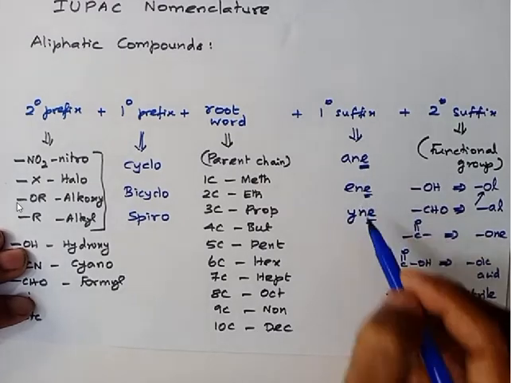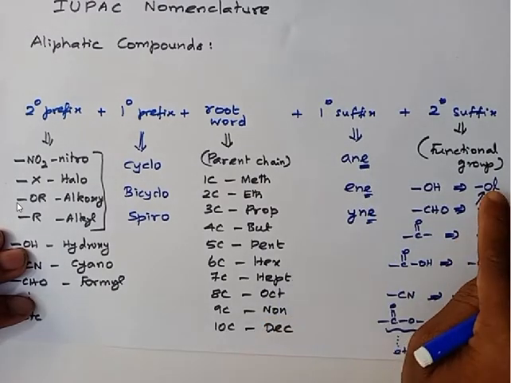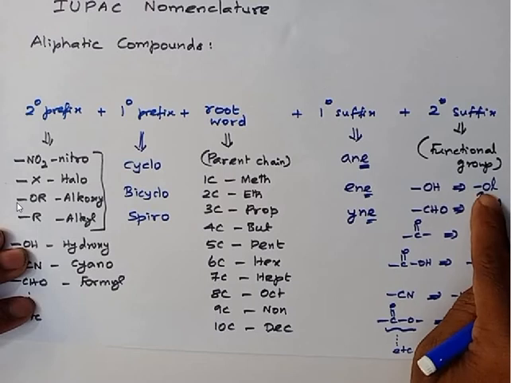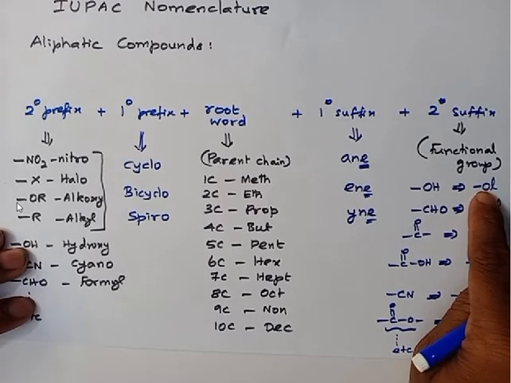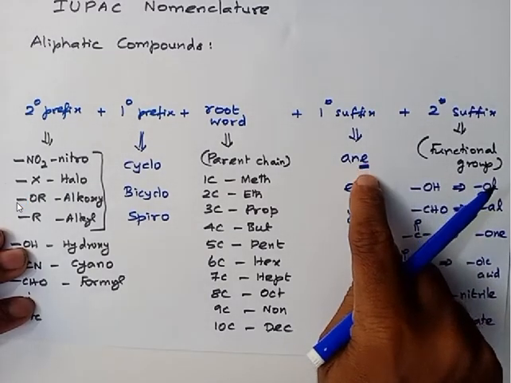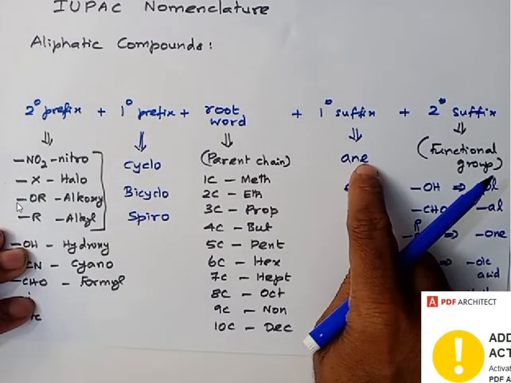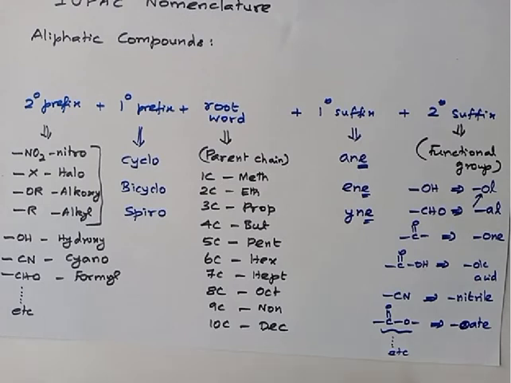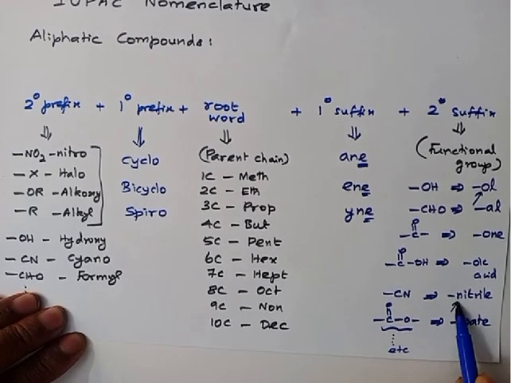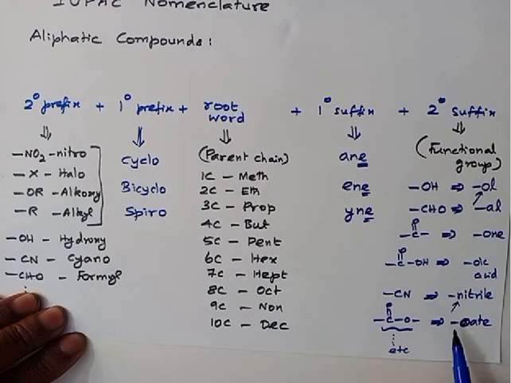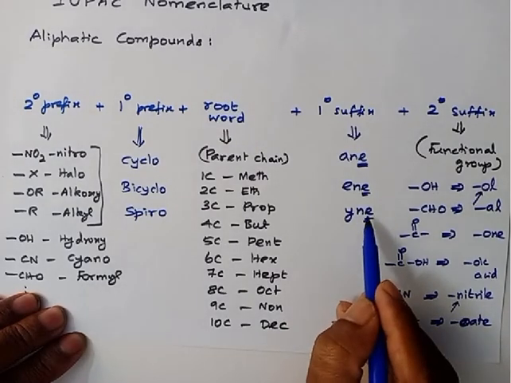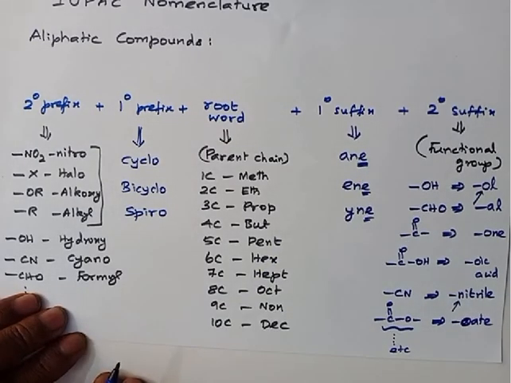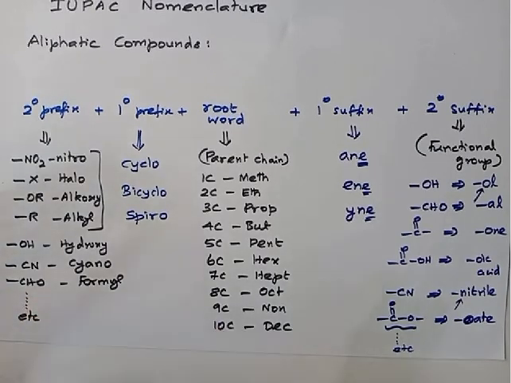I repeat, whenever the first letter of the functional group suffix is a vowel, you should remove the letter E from the primary suffix. If it is not a vowel, for example in the case of nitrile, the first letter is N, which is not a vowel. In this case, you should retain that E. This is another important point you should keep in mind.